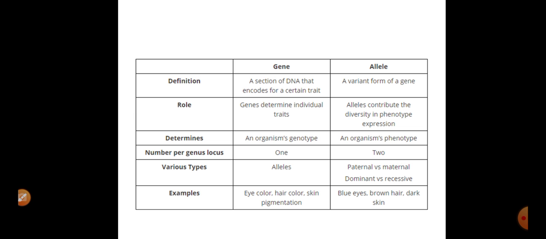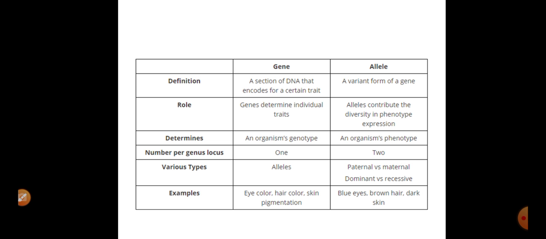There are a number of differences when we are considering gene and allele. Gene is with only one locus and allele is with two genes per locus. Gene is with various types, like alleles, as these are the different versions of the gene.